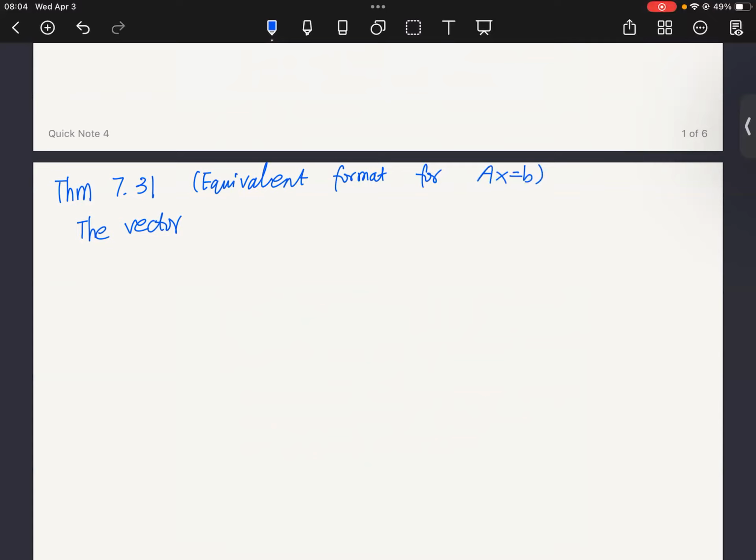Let's say the vector x star is a solution to the linear system Ax equals b, where A is positive definite.